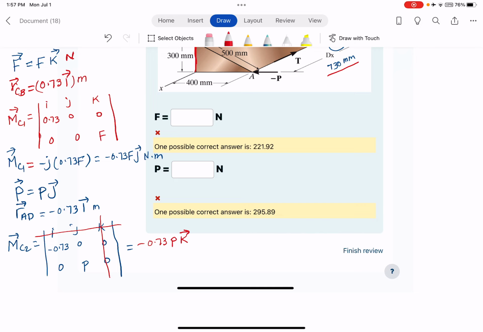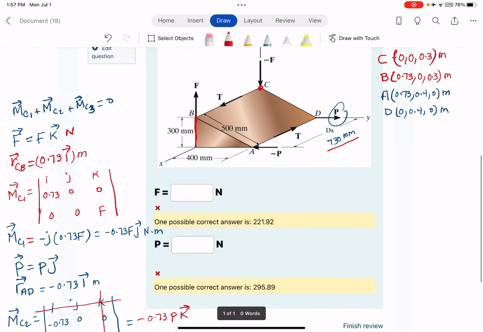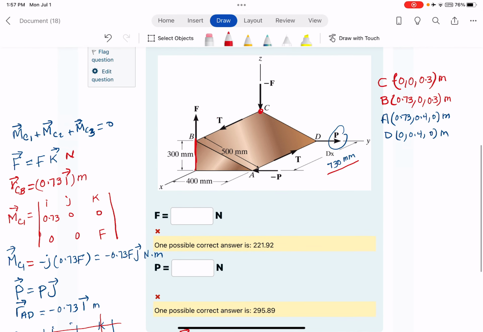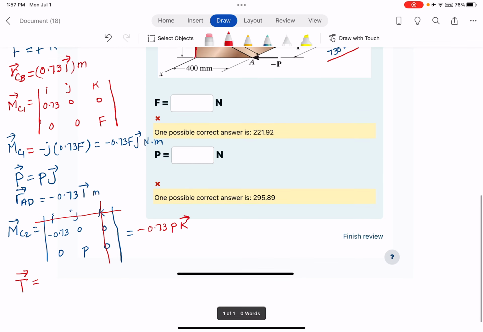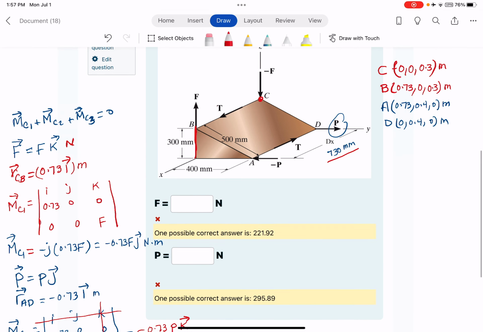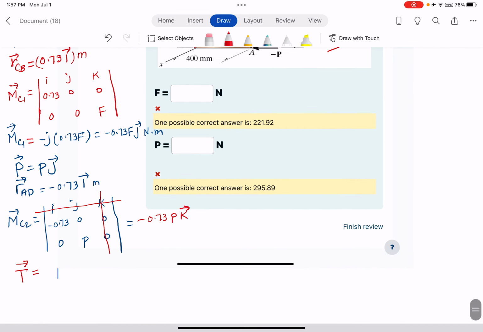And that is for the second force. Let's look at the second force that will produce a couple moment, which is the T. So now the T, what's the direction of the T? You can see it, I'll take this T. This is in the positive i, so this is T in the positive i, and that is Newtons. And also the position vector.